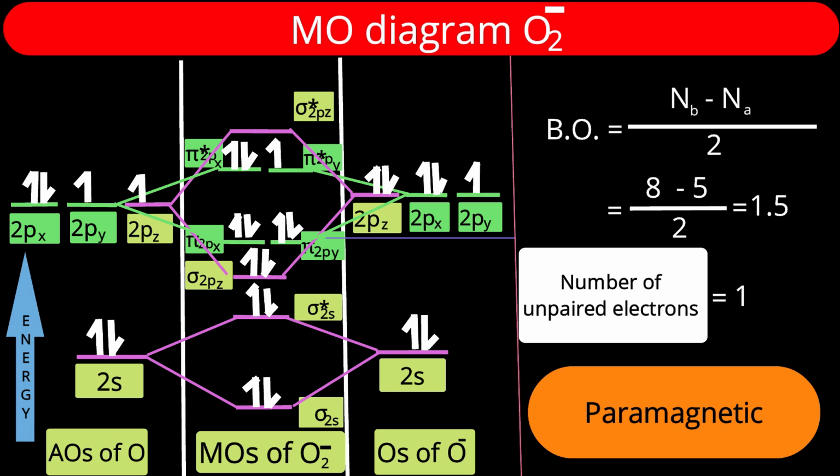Among those two non-bonding orbitals, one s orbital from oxygen and one s orbital from O minus, we represent them as K. Why K? Because it is the first shell. So will K of O minus be of lower energy, or K of oxygen? Yes, K of oxygen will be of lower energy. Then K of O minus will be there. Afterwards, our actual molecular orbitals start and those are represented there.